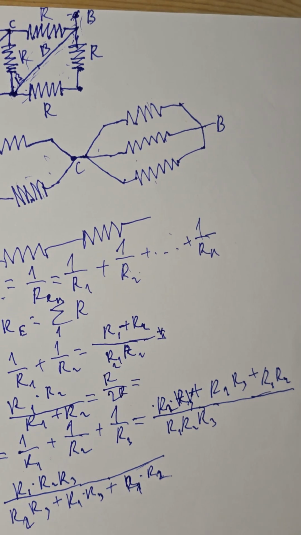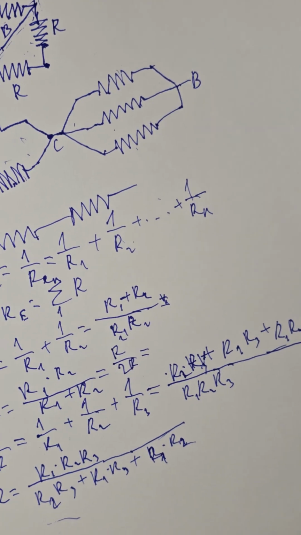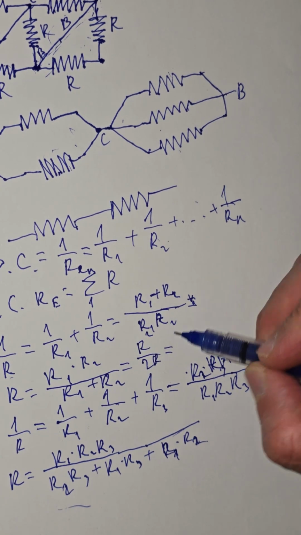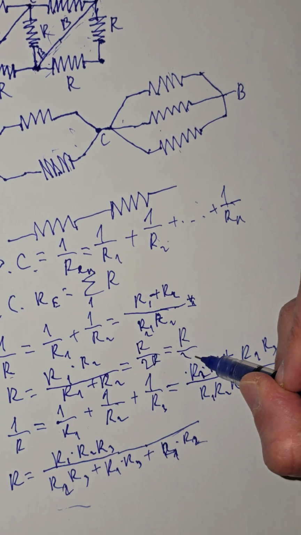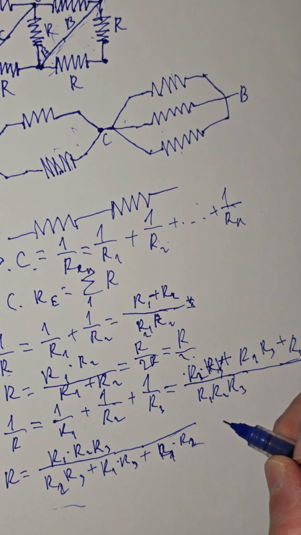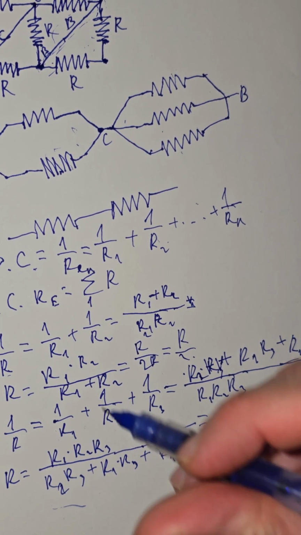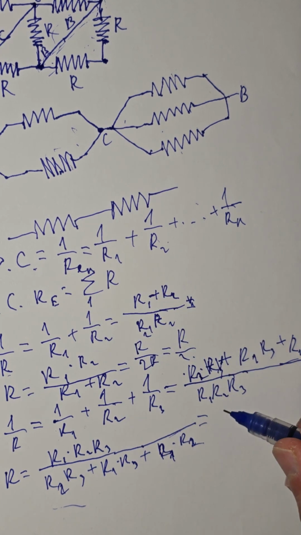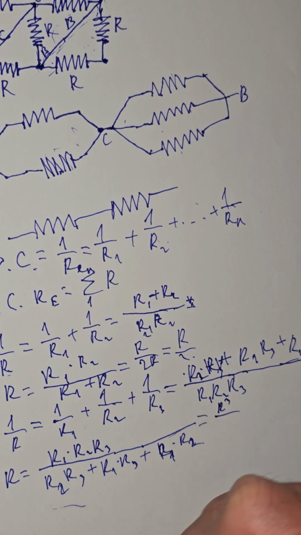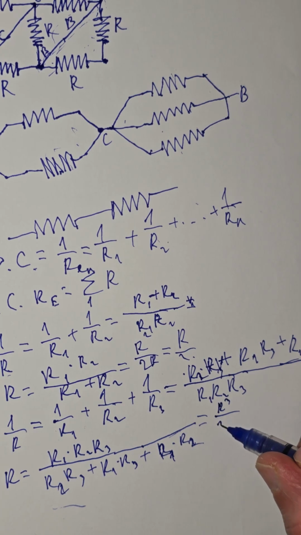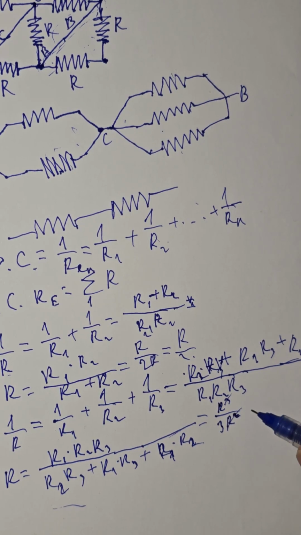It means that we have here R over 2. Here, if we have the three, we will have R cubed over 3R squared. Square and cube cancel out, so R over 3.